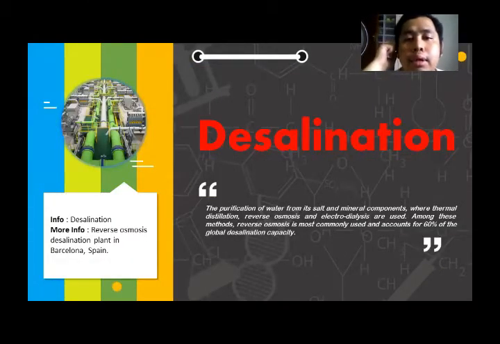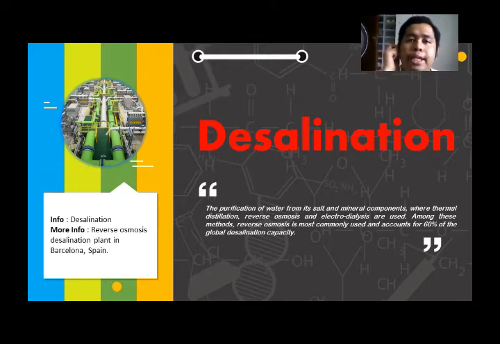My name is Don Azriza Rahimi bin Asman, and I'm going to present the current method versus the use of carbon nanotubes in some applications. Firstly, we will focus on the first application of carbon nanotubes, which is desalination. This process is the purification of water from its salt and mineral components, where thermal distillation, reverse osmosis, and electrolysis are used.